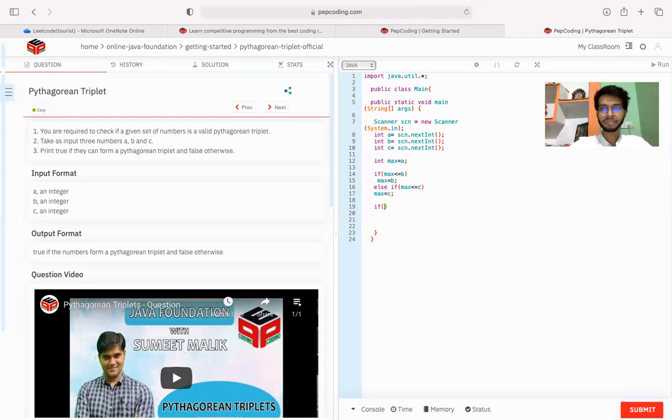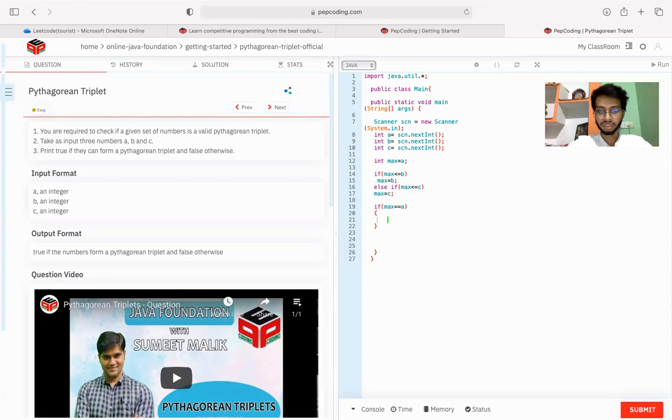So if max is equal to a, it means a is my hypotenuse. Once I get the hypotenuse, then for the rest of them, whichever is base or perpendicular doesn't matter to me, because I just need to make the square of them and add them. After adding, I need to make sure that the sum is equal to the hypotenuse square or not.